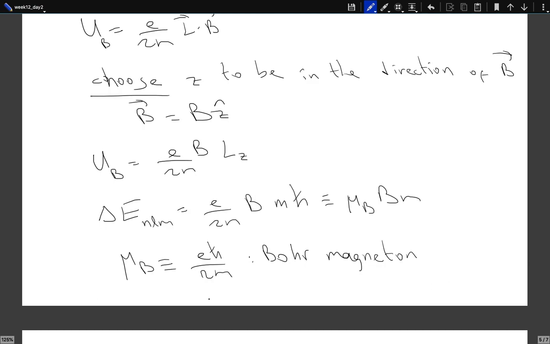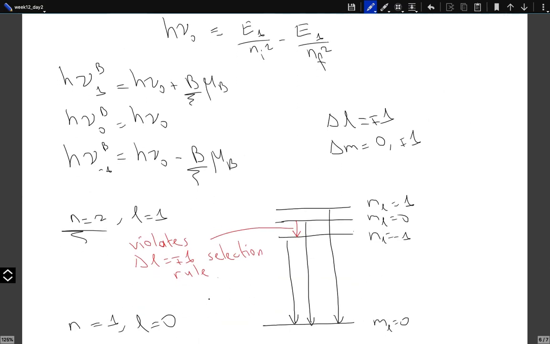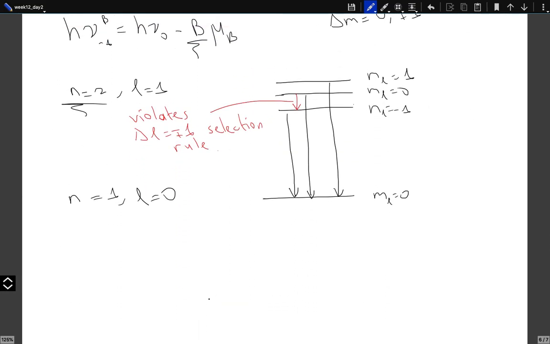If you determine one of them, you have no idea about the other ones, unless they are all zero. And here, the measurement of this frequency is actually the measurement of the component of angular momentum in the direction of B.